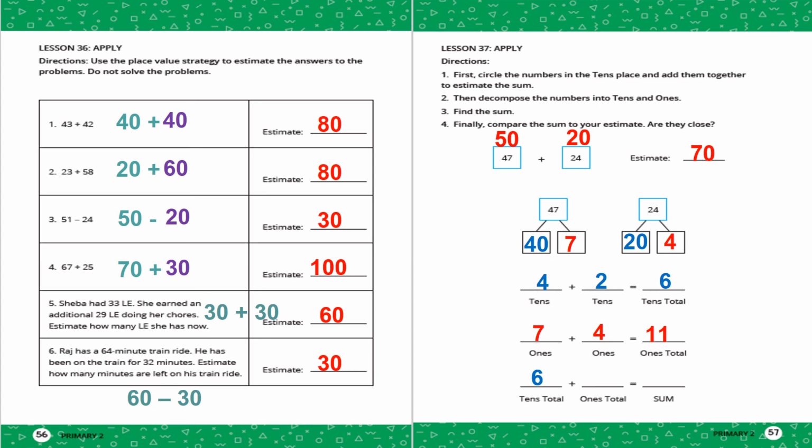Ones total is 11. Let's add 6 plus 11. 6 tens equals what? If we cancel the word tens, we must put 0. So 6 tens equal 60. Plus 11. So 60 plus 11 equals 71.